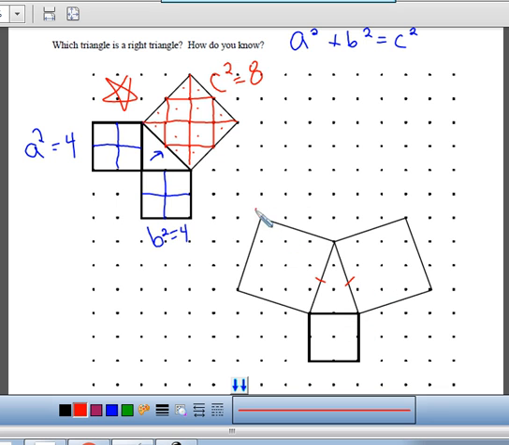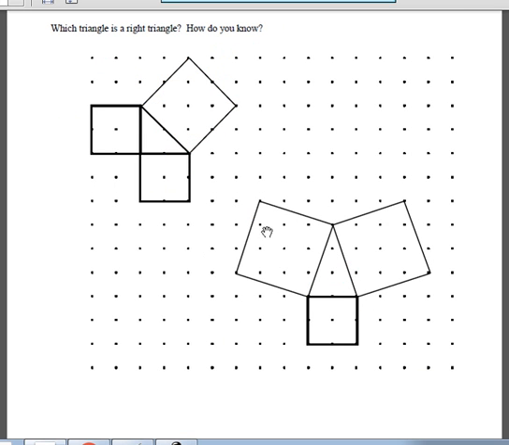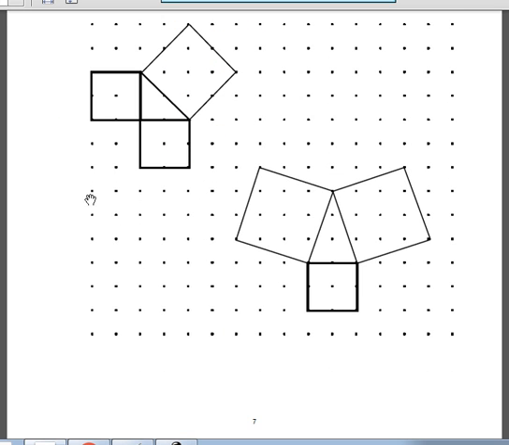So this one is not a right triangle. Now, we could test the Pythagorean theorem, but the only side I know is this one down here, and I have no idea what the lengths of the other sides are. So this is the one that's tricky to do. It's just kind of an interesting example to look at.